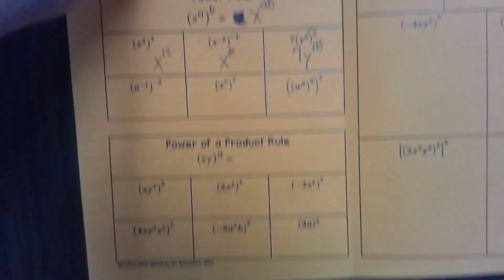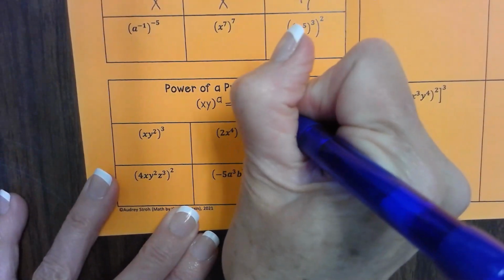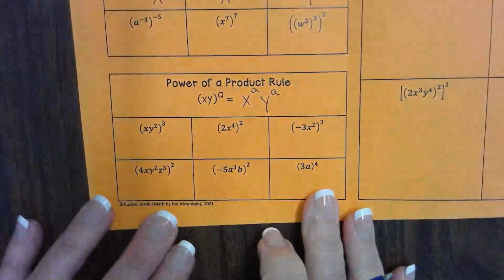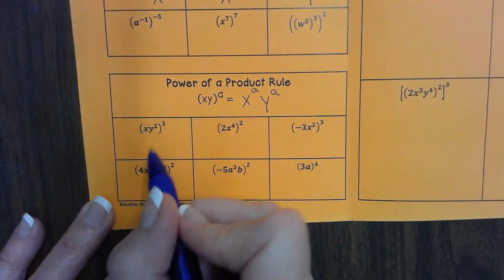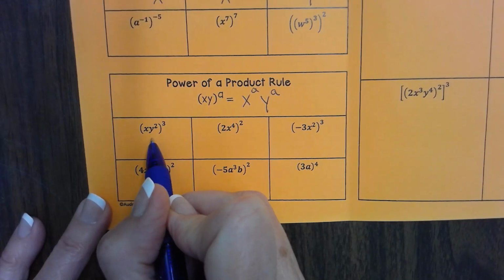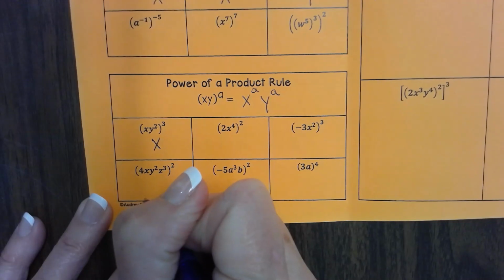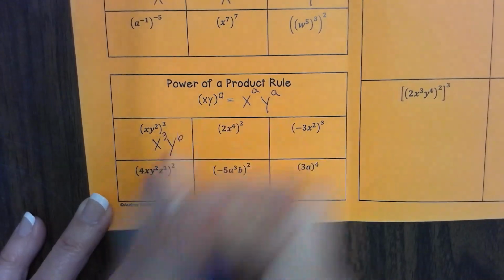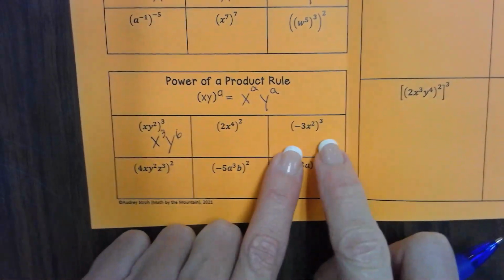All right, the last one, where we're distributing that power to everything in the parenthesis. So let's do a couple of these. So somebody tell me what my answer is here. X to the... y to the 6. Yep, y to the 6. Okay, let's skip over here to this one.